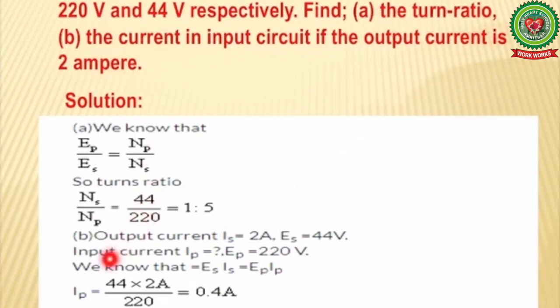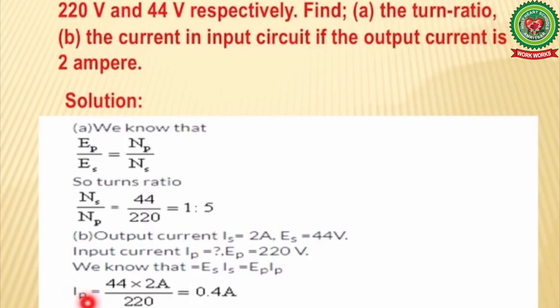Next part is the output current. It is given, output current is 2 ampere. Es is 44 as we all know. Input current Ip we have to find, and Ep is equal to 220 volt. We know the formula, Es into Is is equal to Ep into Ip.